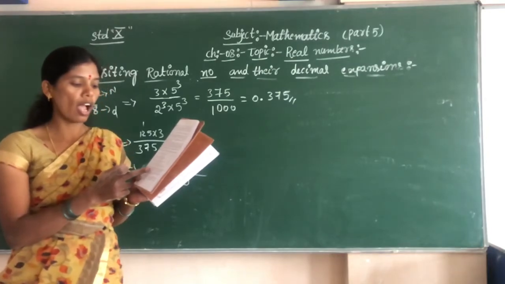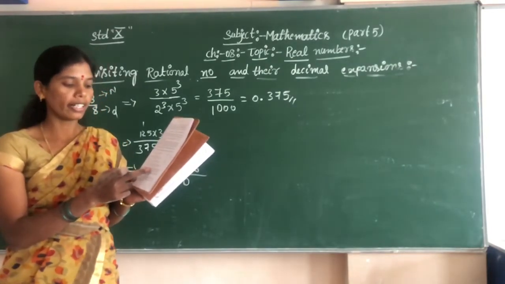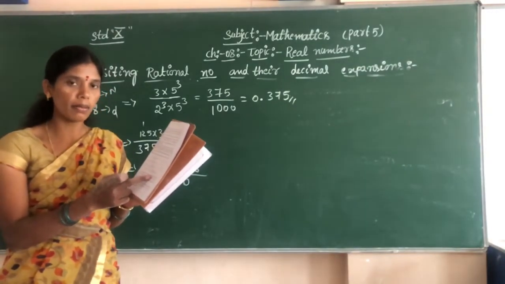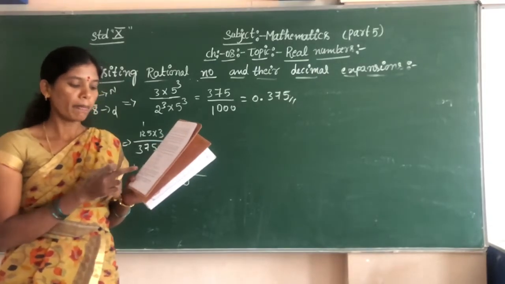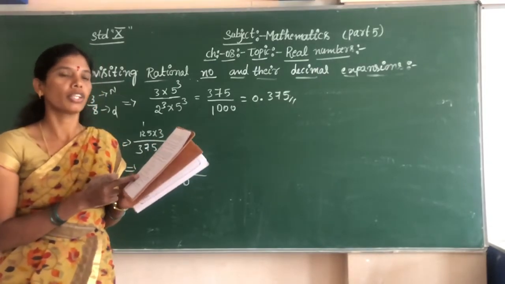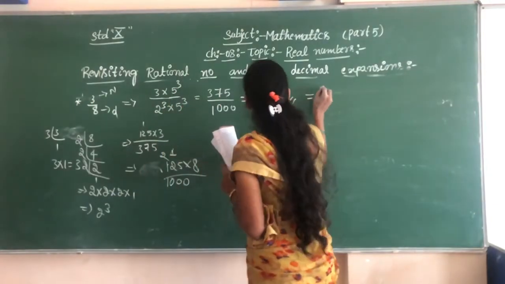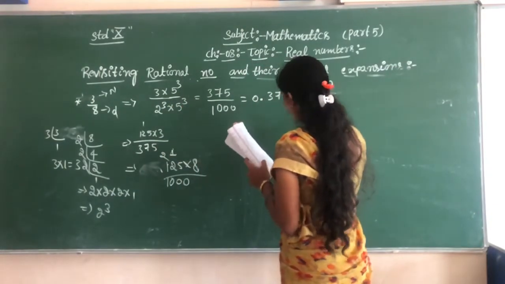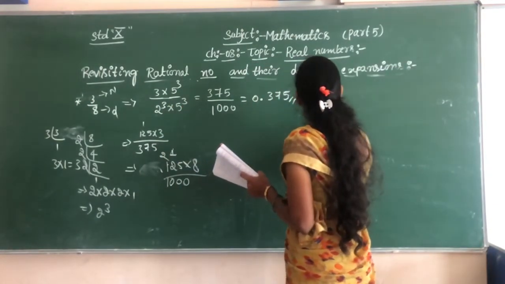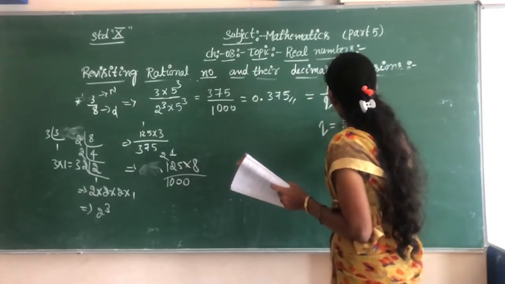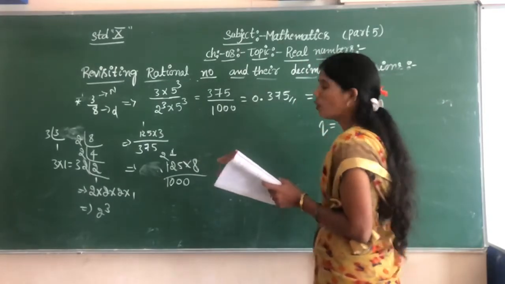The example shows us how we can convert into a rational number of the form p by q, where q is of the form 2 to the power of n and 5 to the power of m. Okay, children.